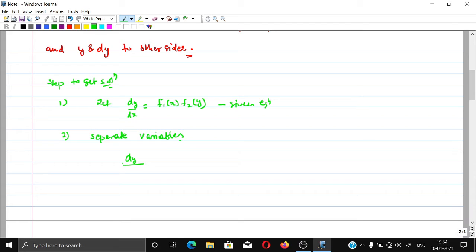So you can put dy upon f2(y) on the left side, and f1(x) dx on the right.